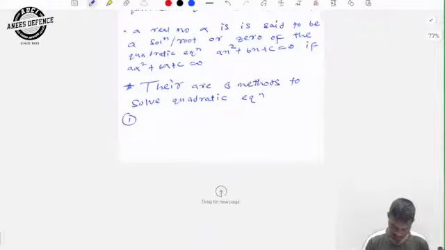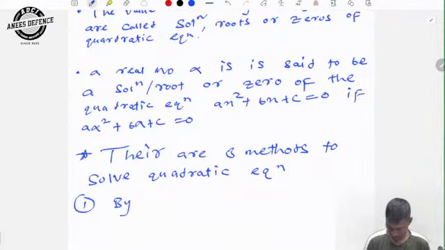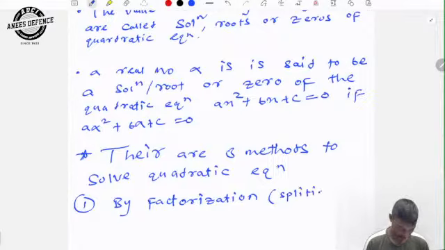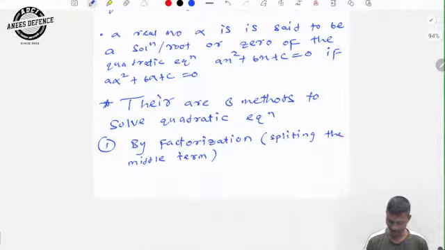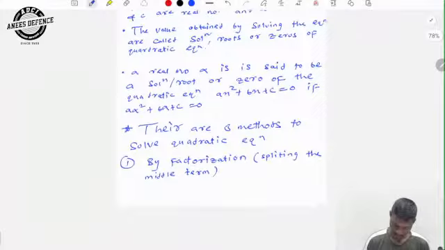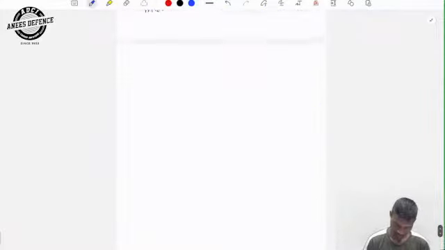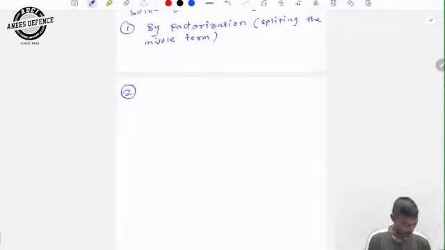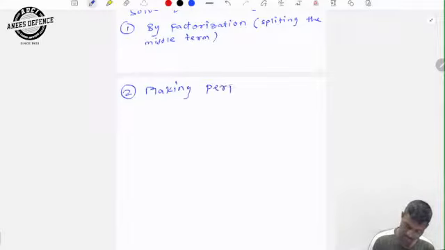First, splitting the middle term. Second, making perfect square. Third one is by using the quadratic formula.